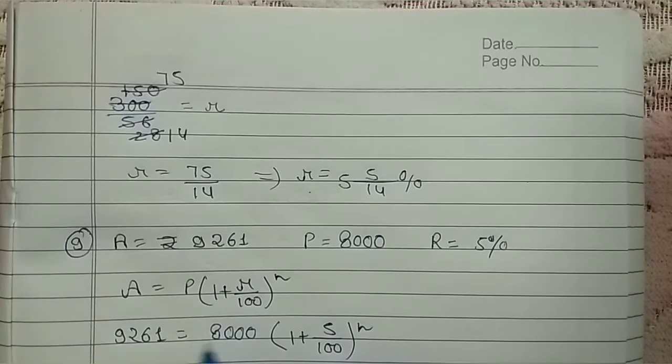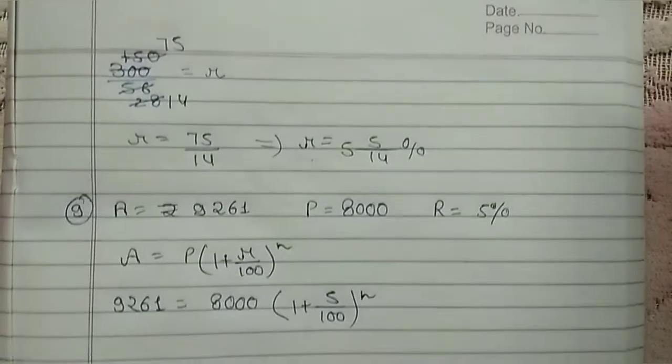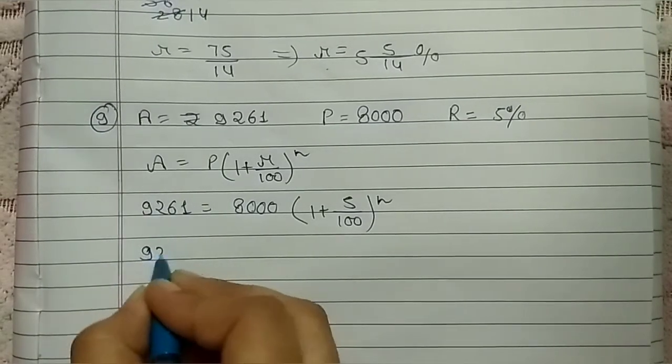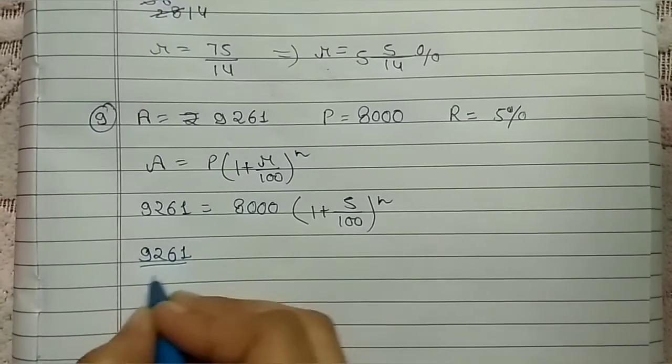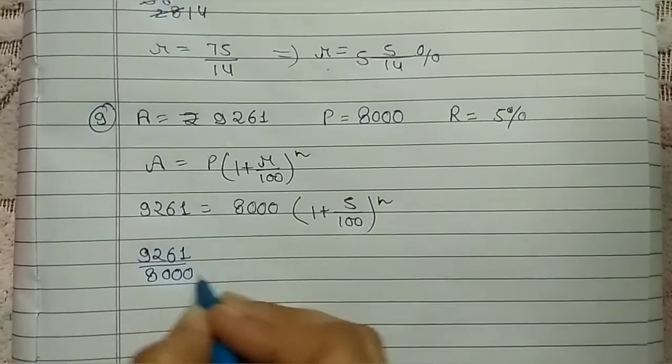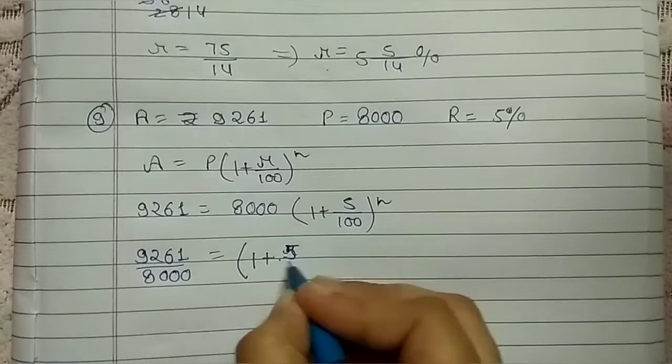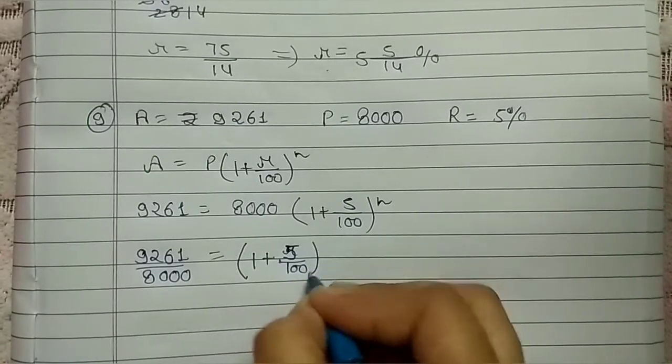This 8,000 will go here in the denominator and it will become 9,261 upon 8,000 equal to (1 plus 5 upon 100)^N.